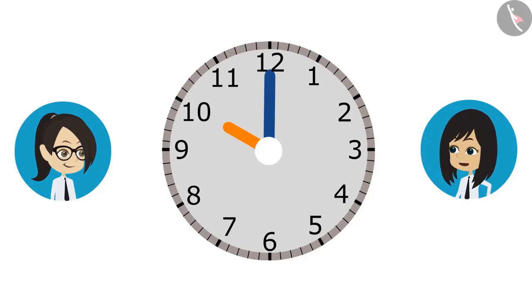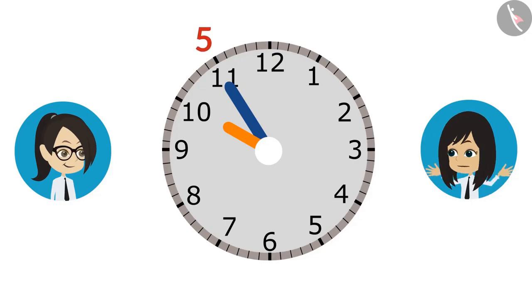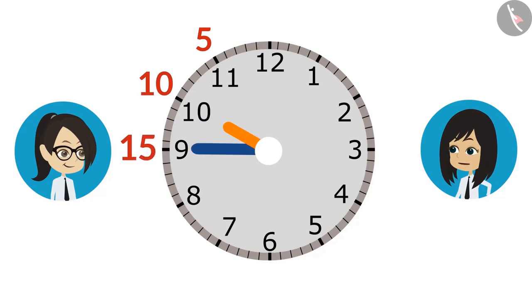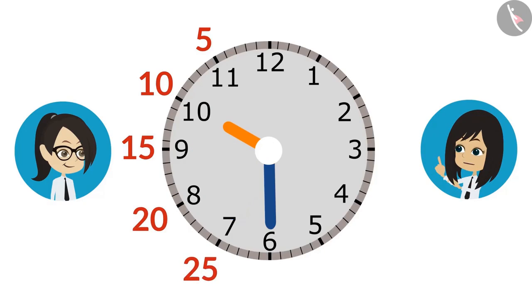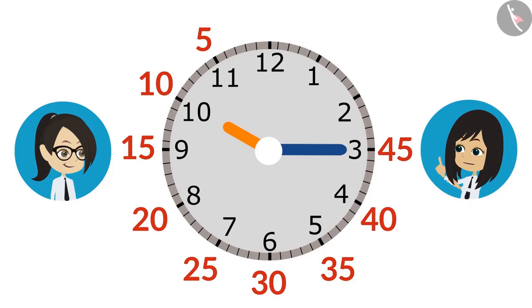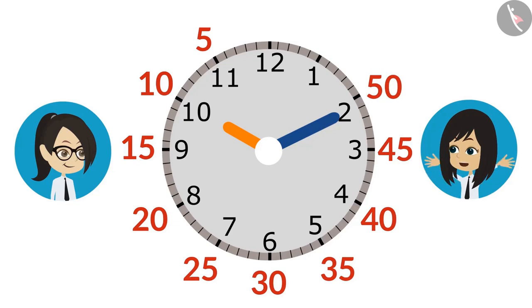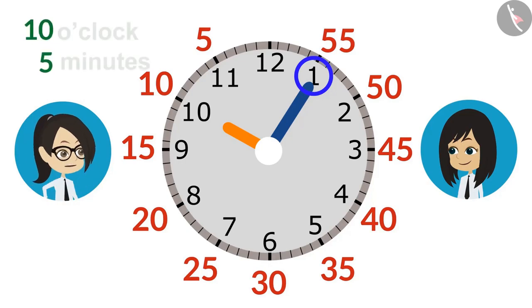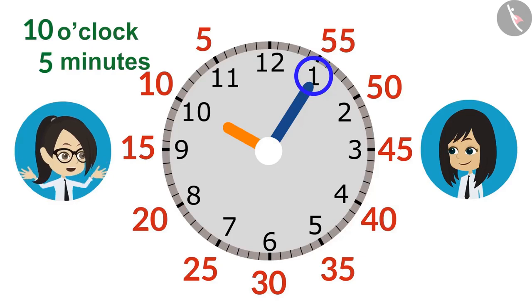Okay. 5 minutes when moved from 12 to 11. 10 minutes when moved from 11 to 10. 15 minutes at 9, 20 at 8, 25 at 7, 30 at 6, 35 at 5, 40 at 4, 45 at 3, 50 at 2, and it will be 55 minutes at 1. This means the minute hand will be at 1 when it is 55 minutes before 10 o'clock. This means we have to leave the hotel at 5 minutes past 10 o'clock.